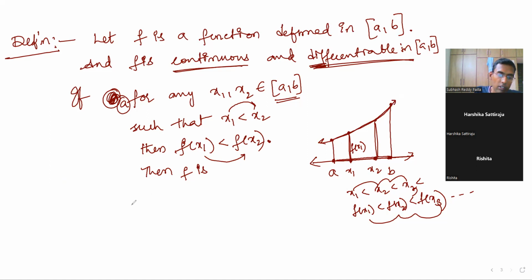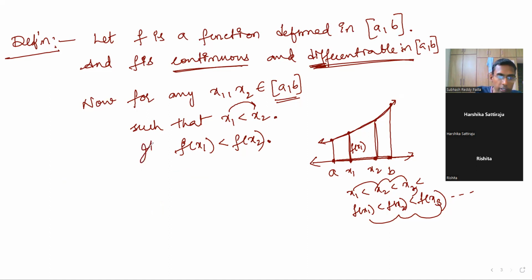Yes. So now, sorry, just a minute, I will write this. Okay. Now, for any x1, x2 such that x1 is less than x2, what I will do is make all the definitions here only.